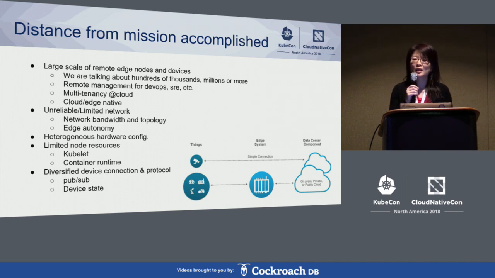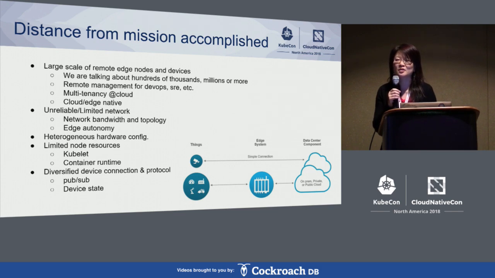But at the edge, in IoT computing scenarios, we are talking about hundreds of thousands of machines. Or even if we think of the devices, it can be millions or billions of devices. And those devices and nodes are geographically located in all kinds of locations.